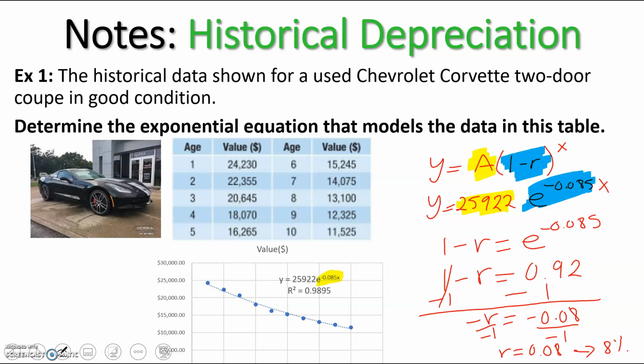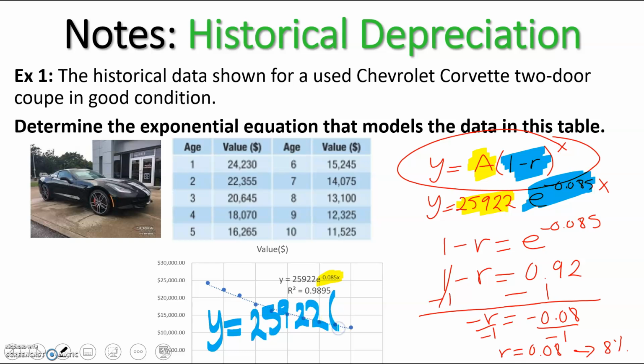Now, the actual question being asked here is, what is our equation? And we want it written in this exponential form. So what we have here is y is equal to 25,922 times 1 minus 0.08 to the power of x.